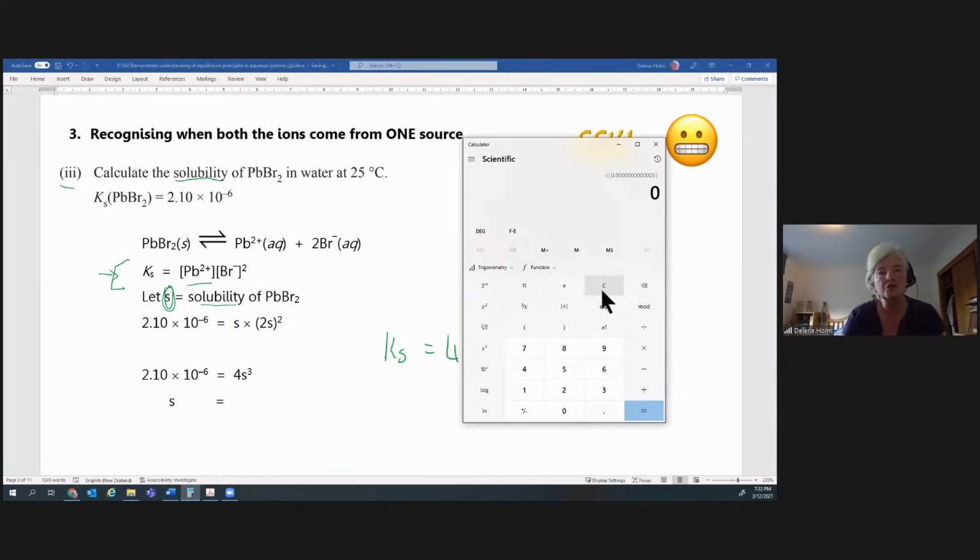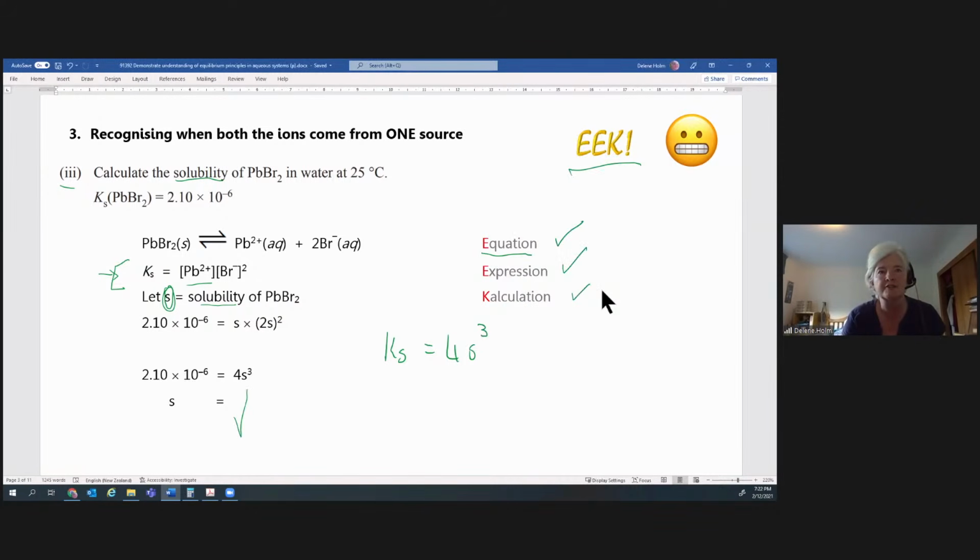A trick where students often go wrong is they forget about taking the cube root of the 4. So remember, if you want to get S by itself, you've got to take 2.10 times 10 to the minus 6 divided by 4. I always say take that, divide by 4 first before you cube root it.